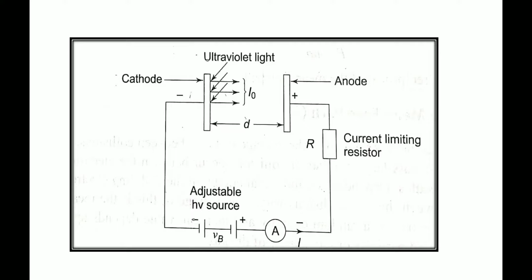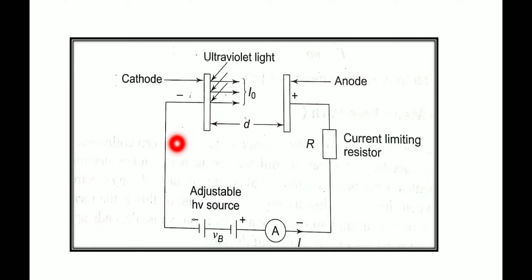So what does electron attachment process mean? When we apply the voltage to this two electrode system, the energized particles, which are the electrons, start moving from the cathode to the anode itself.